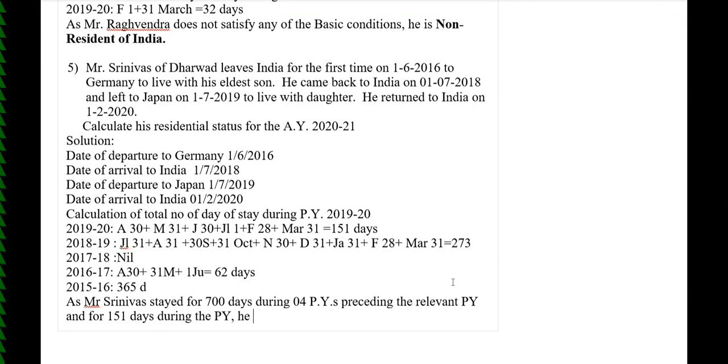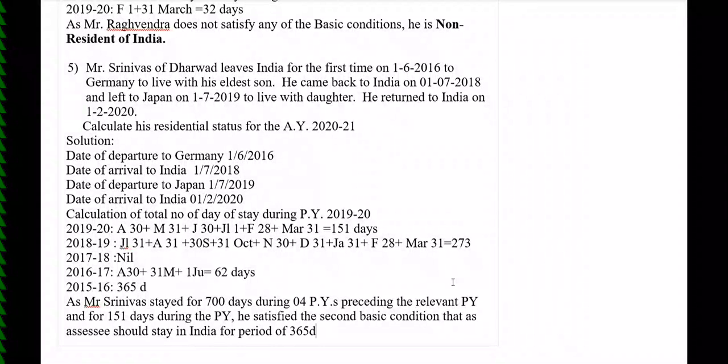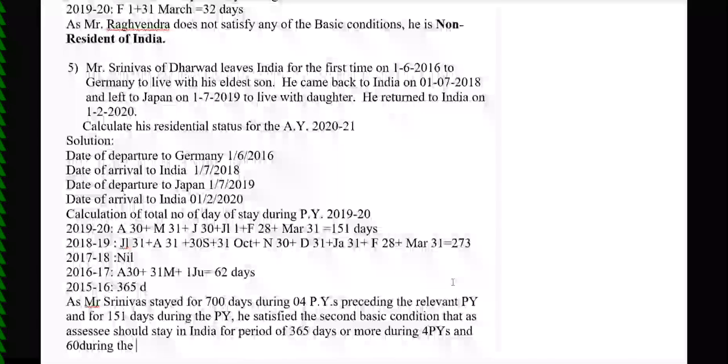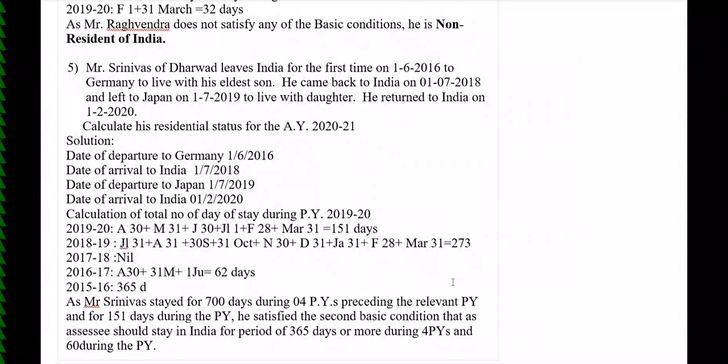he satisfies the second basic condition, that an assessee should stay in India for a period of 365 days or more during 4 previous years, and 60 days during the previous year.